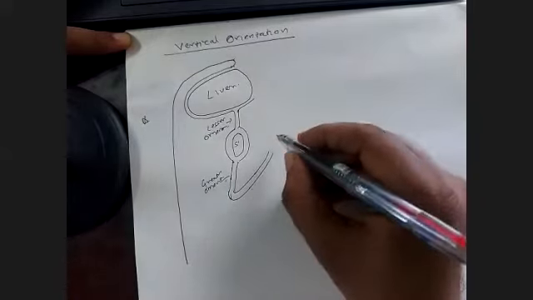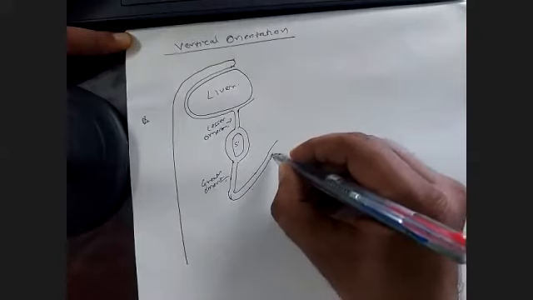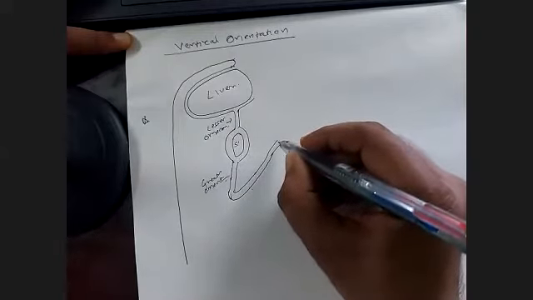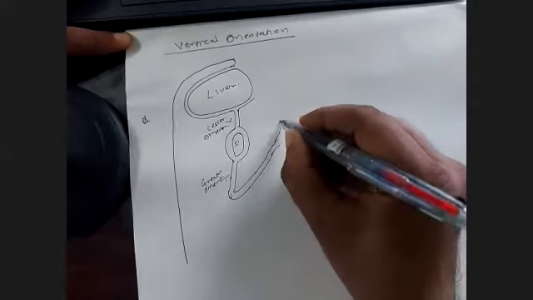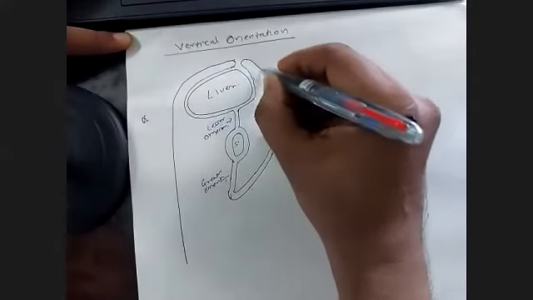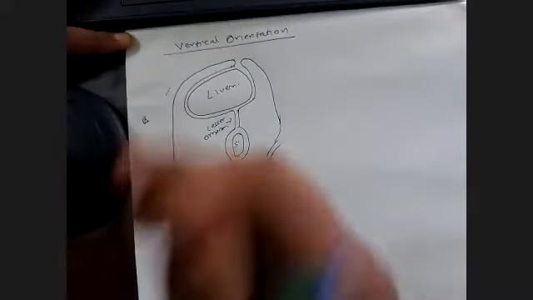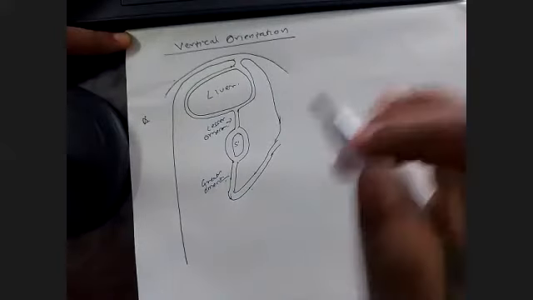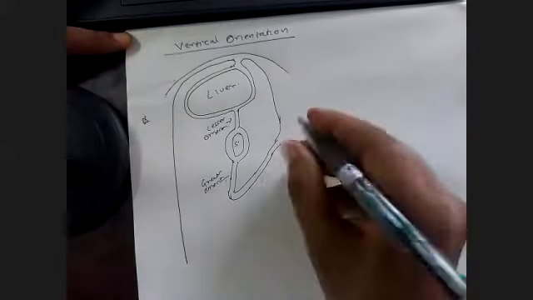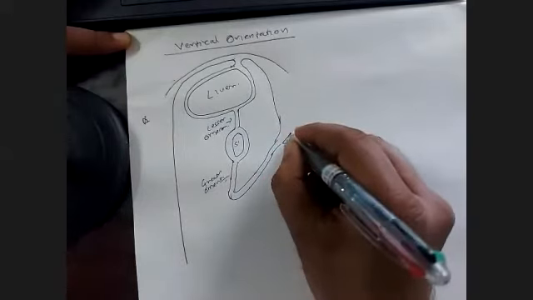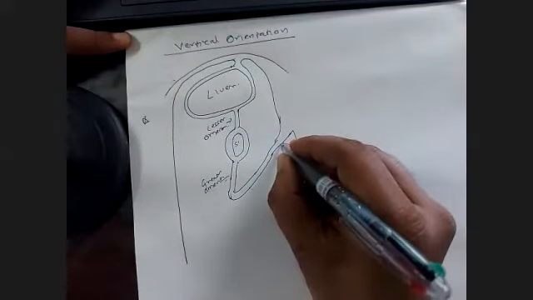Then this goes to the posterior abdominal wall. Now this red thing I have drawn is the diaphragm. The layer going to the posterior abdominal wall, and here is the pancreas, and this is the anterior border of pancreas.